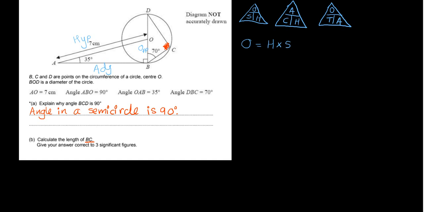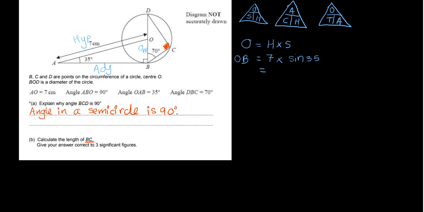The hypotenuse is 7 centimeters. The opposite side, I'm going to call it OB, is 7 times sine 35. 7 times sine 35.